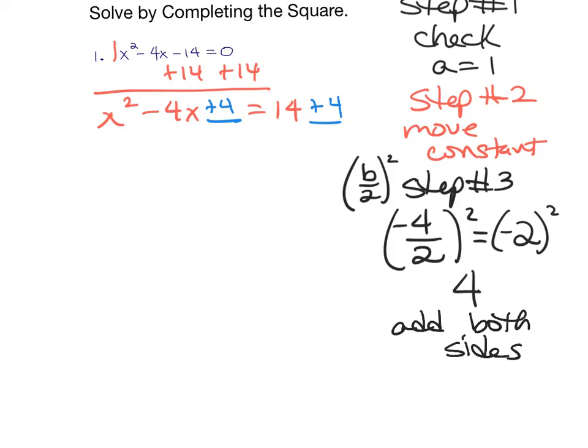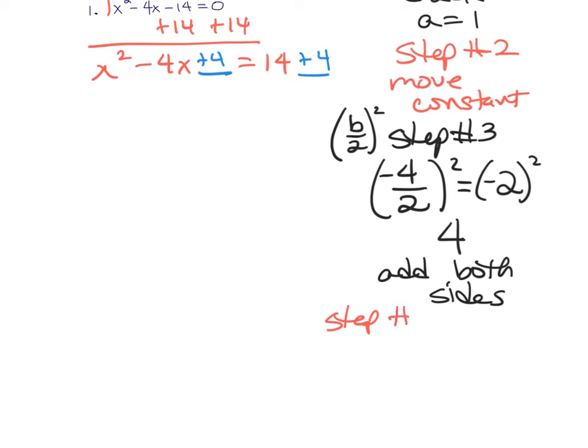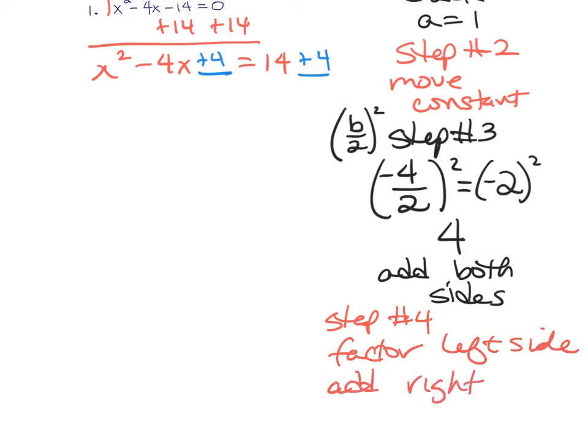Now, step 4 is to factor the left. I'm going to factor the perfect square trinomial I just found. So I'm factoring the left side, and I'm adding the right side. Now, big hint here. Don't rack your brain trying to figure out what are the factors of 4 that give me -4.